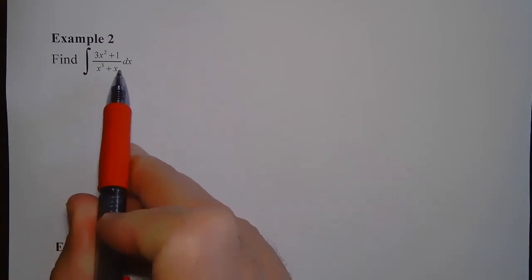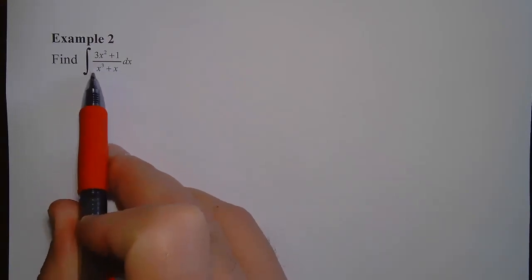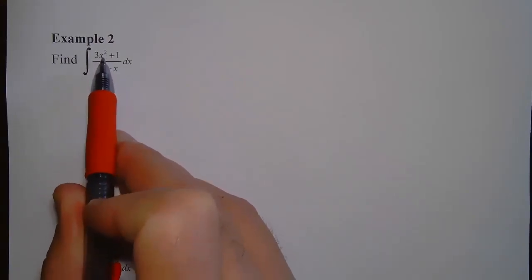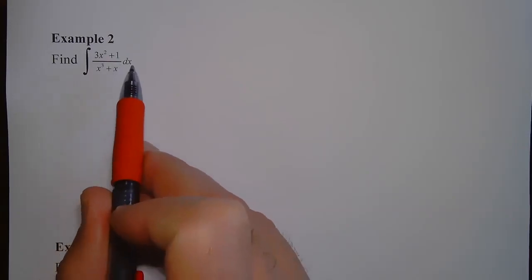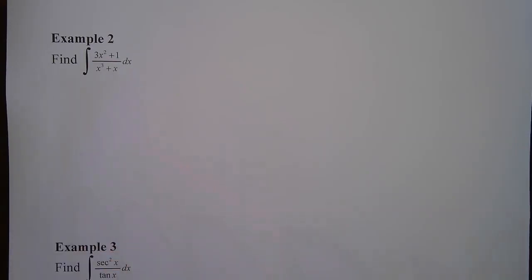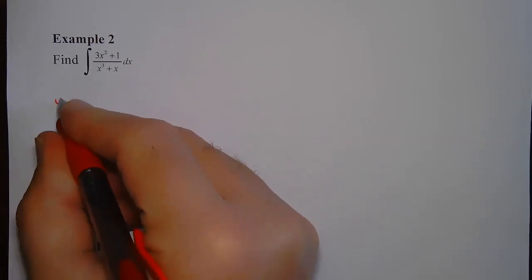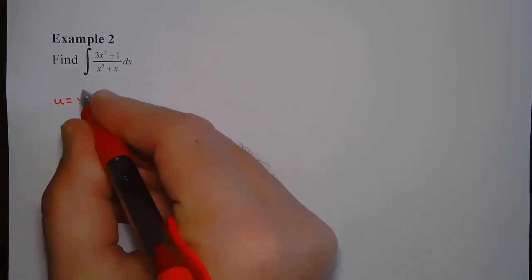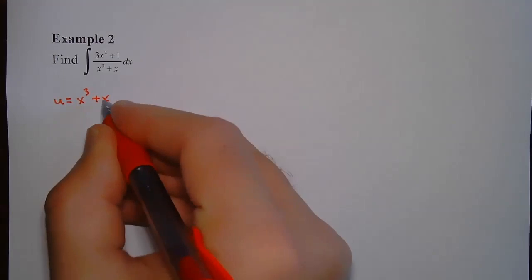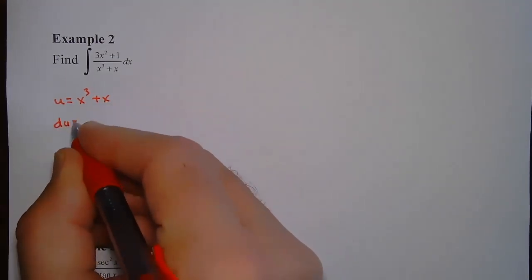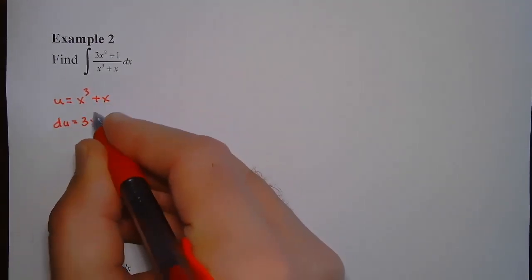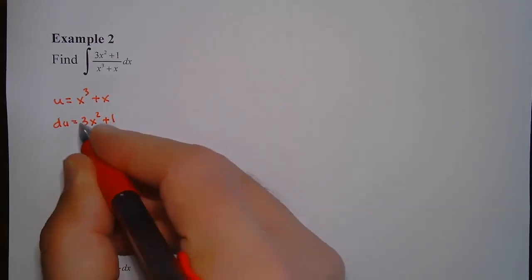So this time we want to let u be this denominator, because if we take the derivative of this, we would get 3x squared plus 1 and then dx. So we're going to let u equal x cubed plus x, and then du would be 3x squared plus 1 times your dx.